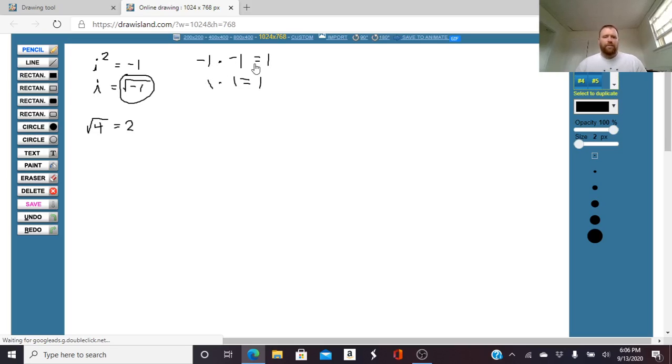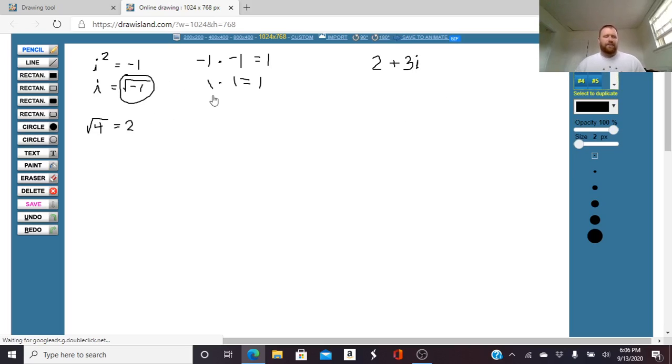You can't do a number times itself that equals negative 1. Hence, i is imaginary. So i can be used in complex numbers like 2 plus 3i, and so forth. All right?